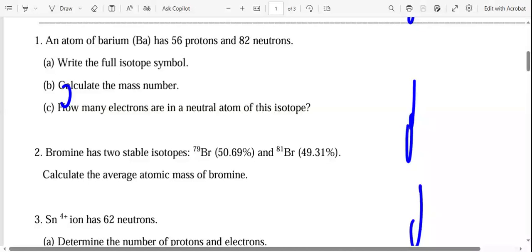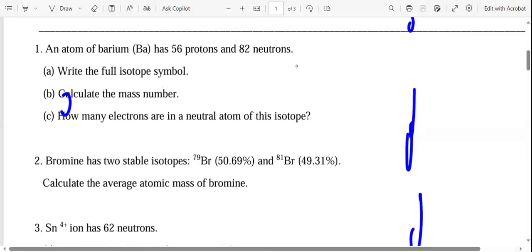So an isotope symbol of an element will be written in the form of X. Suppose X, then with the mass number there, then the proton number. So this is a mass number, this is a proton or atomic number. So now having barium as the symbol, we'll write the proton, which is 56, down there.